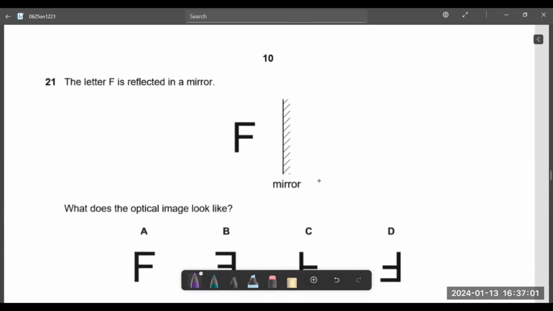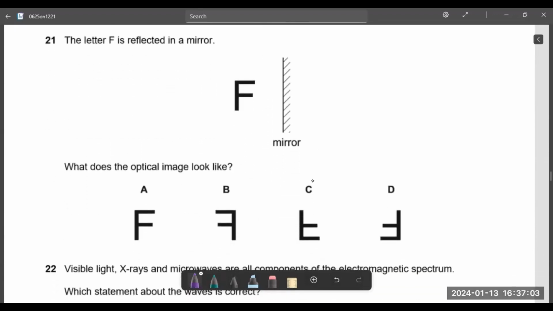Next, the letter F is reflected in a mirror. What does the optical image look like? So here, lateral inversion occurs. Objects are reflected without any change in size, but with reversal of direction.